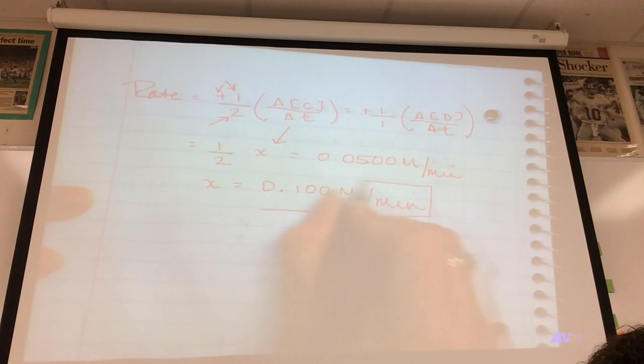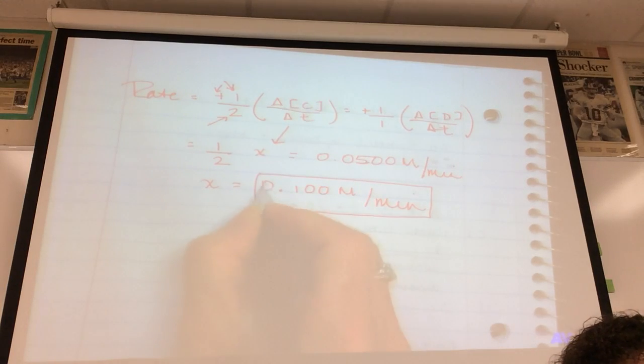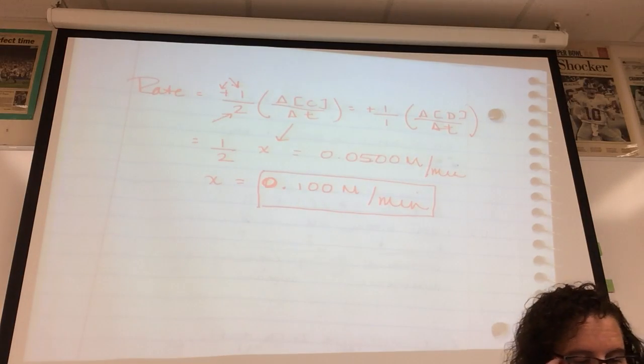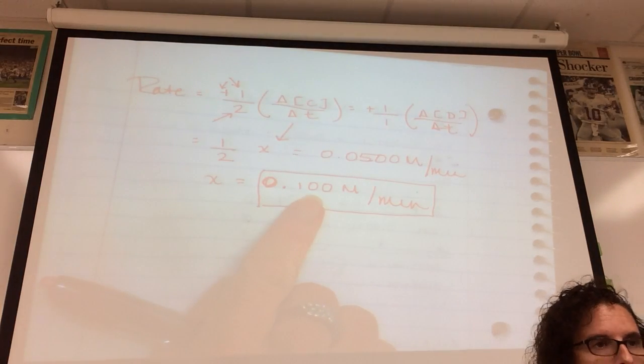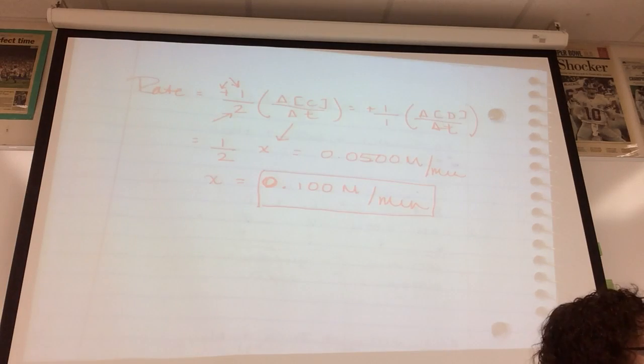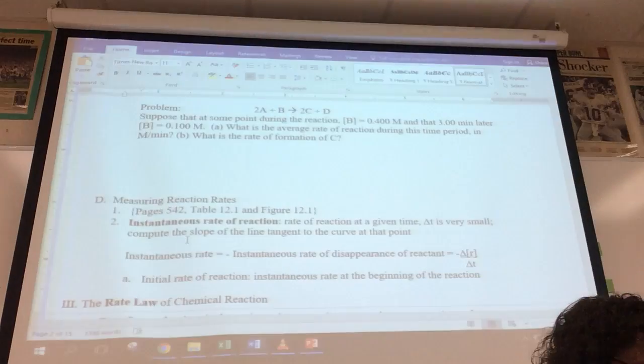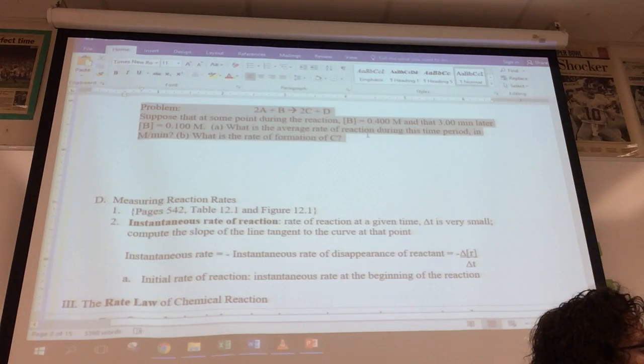So the rate of formation of C, that is the change in concentration over the change in time, is equal to that. Yes, yes? Easy, easy? Let's see if you can do your own problem.